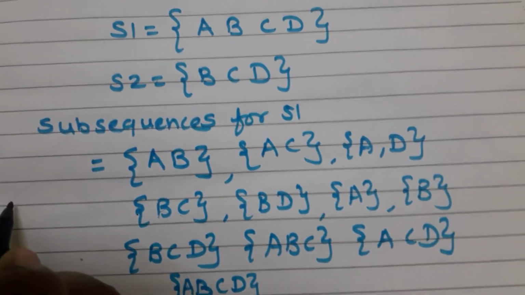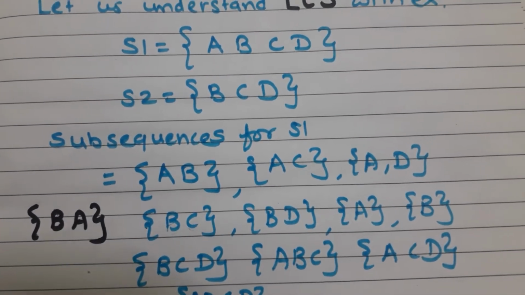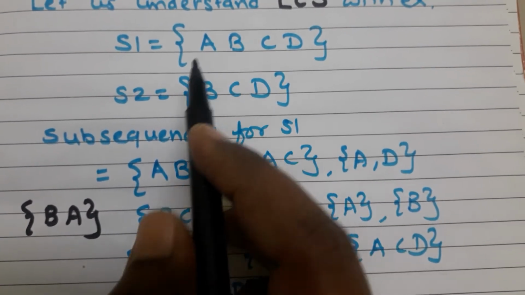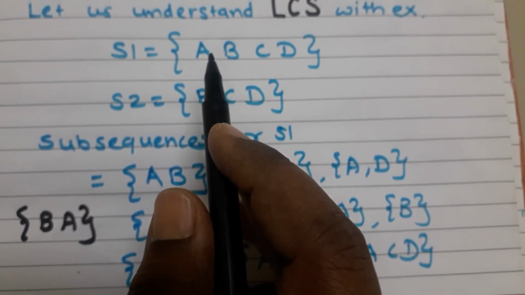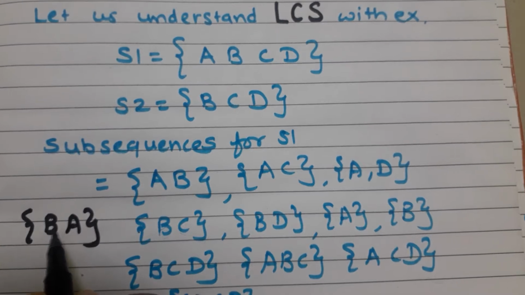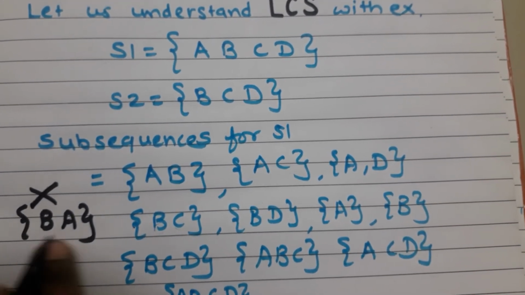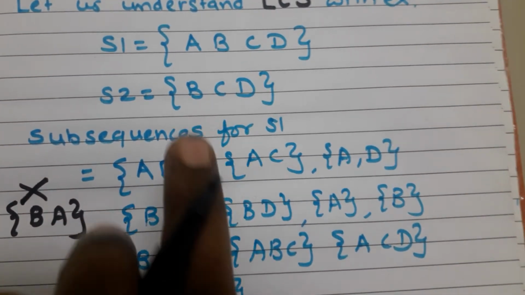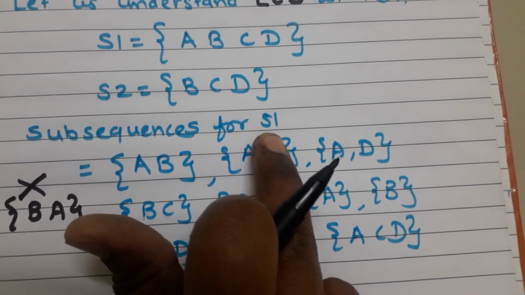If we write BA as a subsequence, then here A comes first and then B comes, so our subsequence can be AB, but it cannot be BA. Such a subsequence does not belong to S1. So here we have found the subsequences for S1.